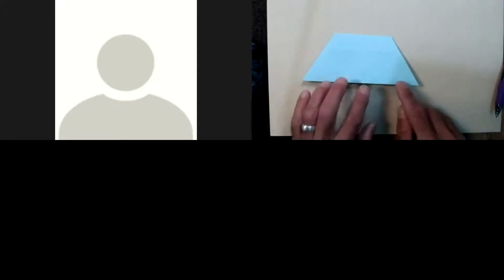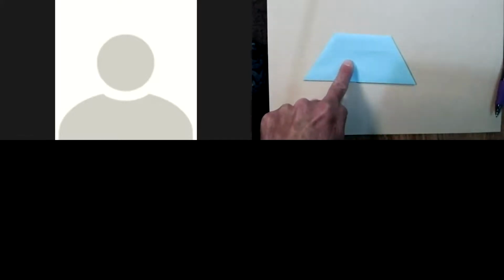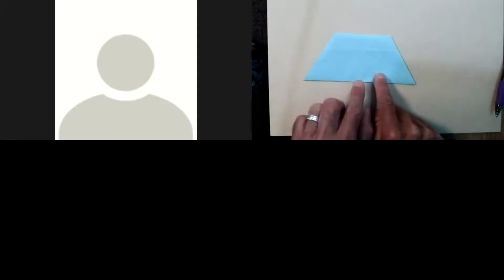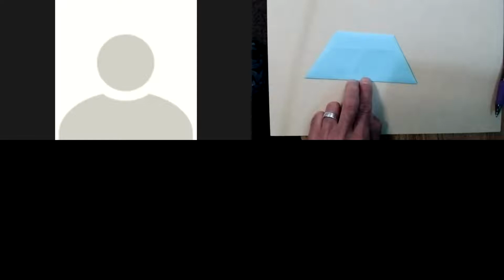An isosceles triangle is a triangle where two sides have the same measure. And here I have these two sides with the same measure. So it's a trapezoid because it has four sides and a pair of parallel edges, and it's isosceles because the other two edges are congruent. So the best name for this is an isosceles trapezoid.